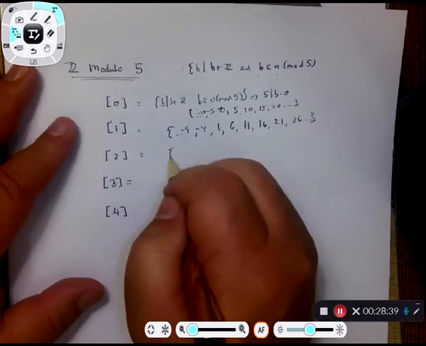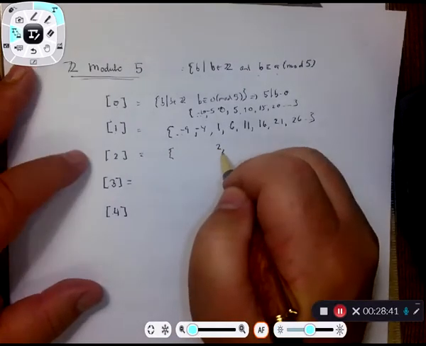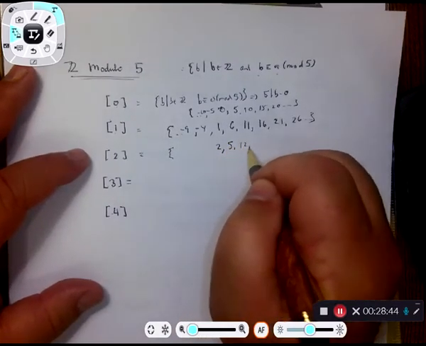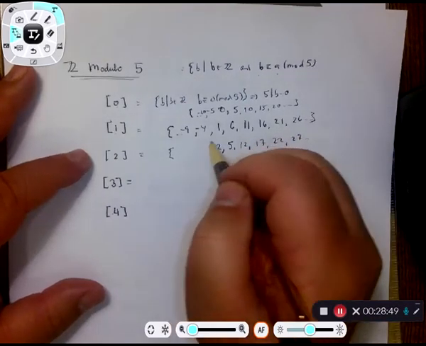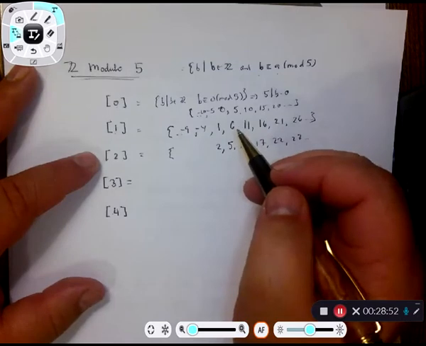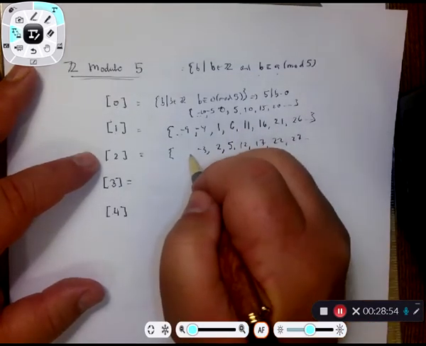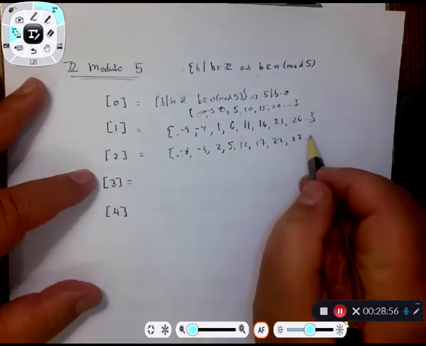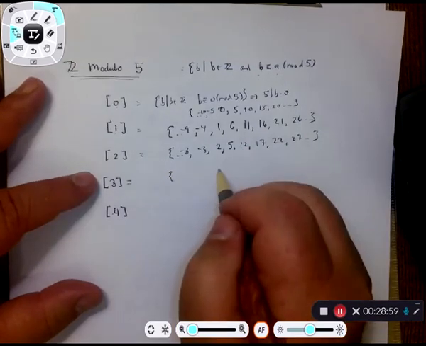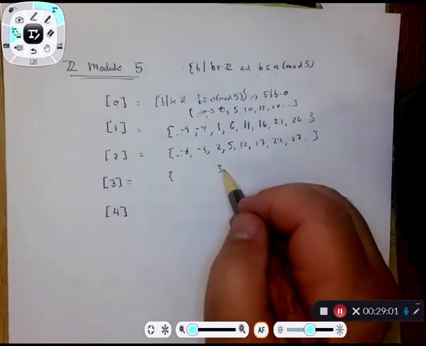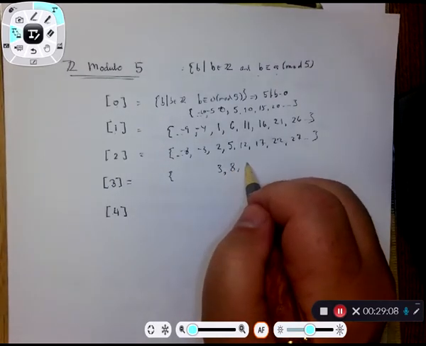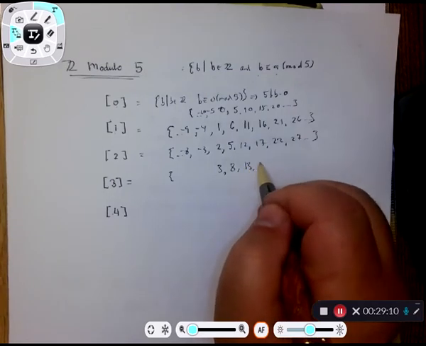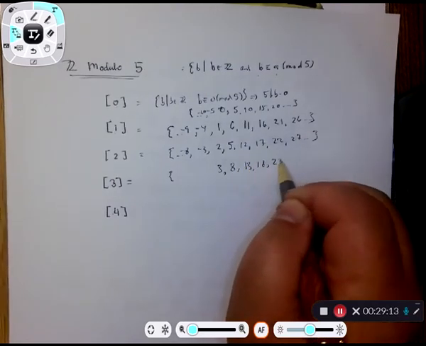So equivalence class 2 would be the integers 2, add 5 would be 7, 12, 17, 22, 27. I'm also going to subtract 5. It would be -3, -8, so forth and so on. Equivalence class 3 would be 3. 3 minus 3 is 0. You're always in your own equivalence class. I'm going to add 5, that would give me 8, and then 13, 18, 23, 28.